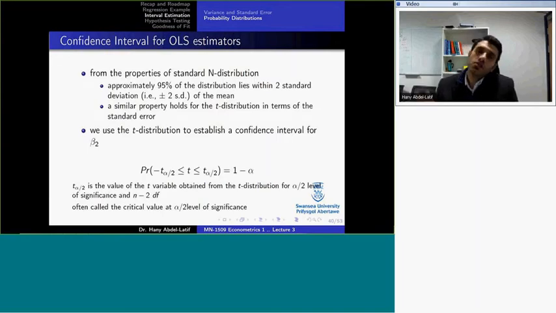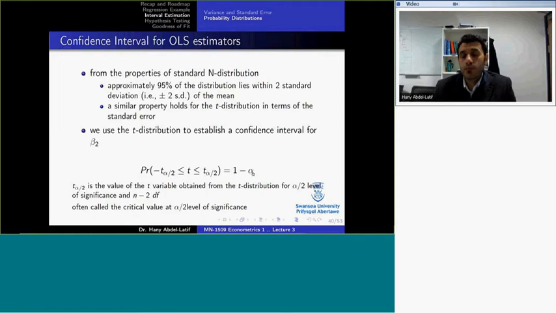Then we can use all this information to construct the confidence interval for beta 2. In the formula here, we have the probability that t is greater than minus t alpha over 2, and less than or equal to t alpha over 2.